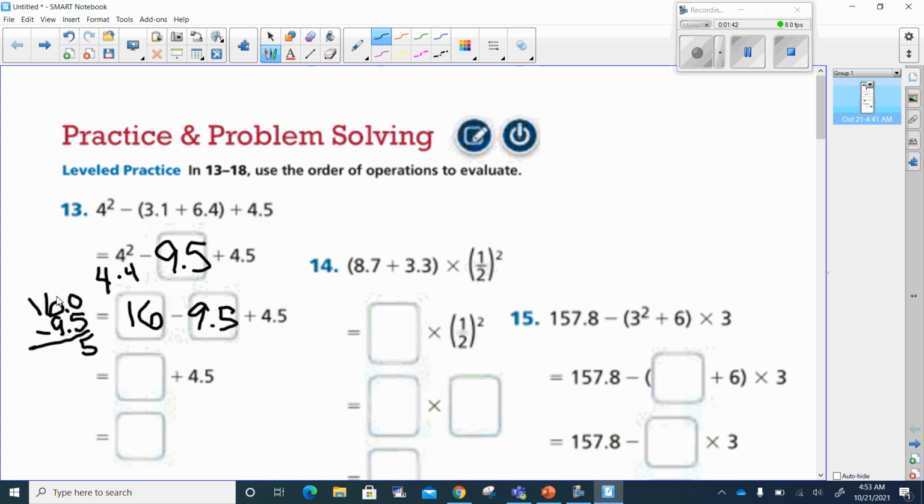That gives me a 5 here. I know I had to borrow one. And 15 minus 9 is 6. So this would be 6.5. Now we have 6.5 plus 4.5, and that's going to give us 11.